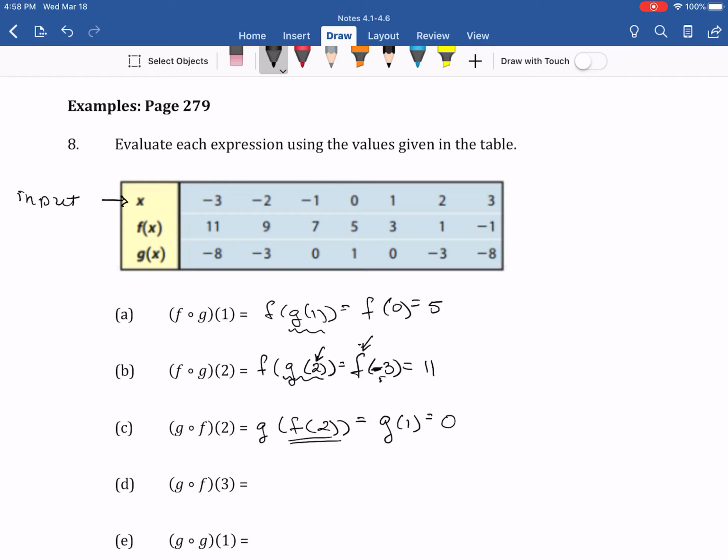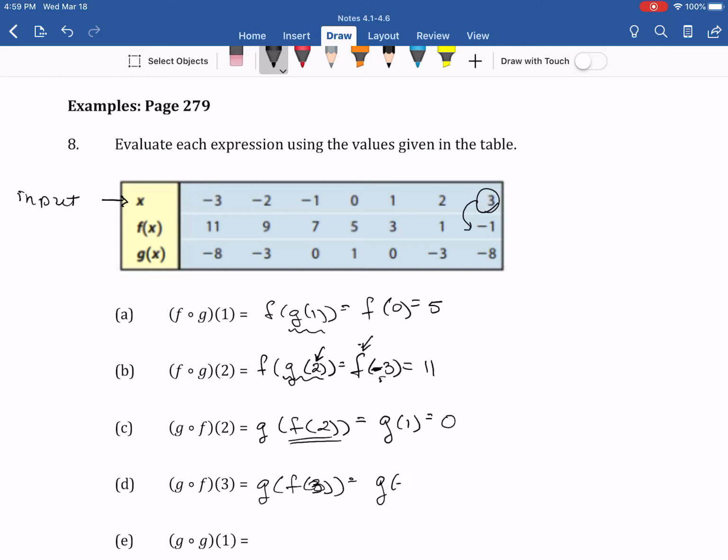All right, next, example D. Find g of f of 3. This means put the value 3 into function f. So locate 3 as my input, put it into function f, which is right below it. Your answer is -1.